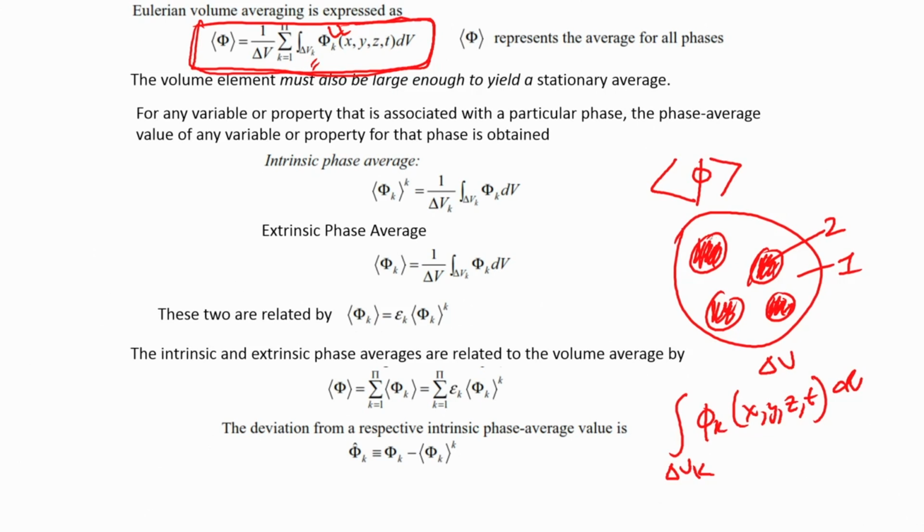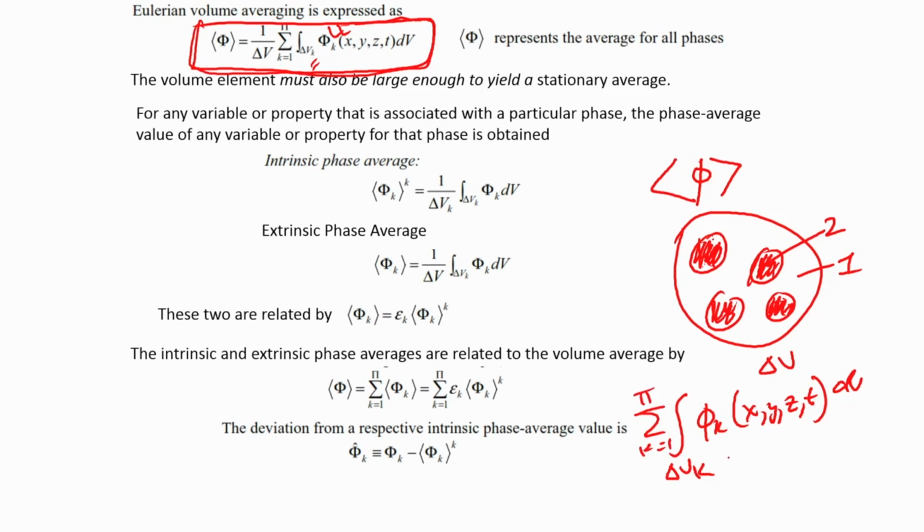No information about how it varies in each of these elemental volumes is actually retained. Whatever variation of phi you have, you are averaging it out across that phase. It might vary in some way, but you average that out, and not only that, you are averaging it over all the phases also.